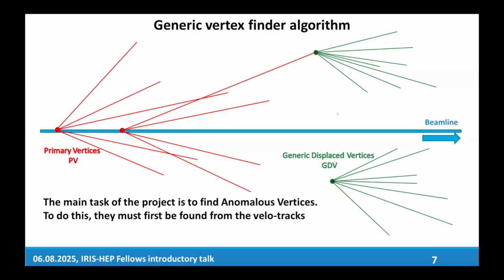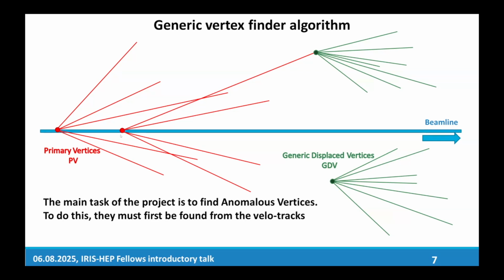For this work, we can distinguish 2 main types of vertices: primary vertices and generic displaced vertices, GDV. PVs are located close to the beamline. The beamline is a tube where particles accelerate.